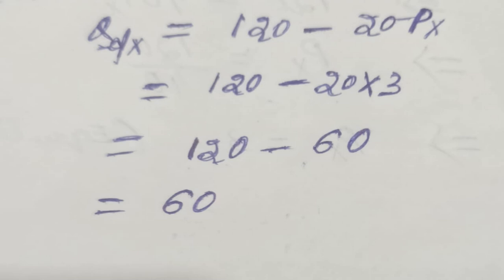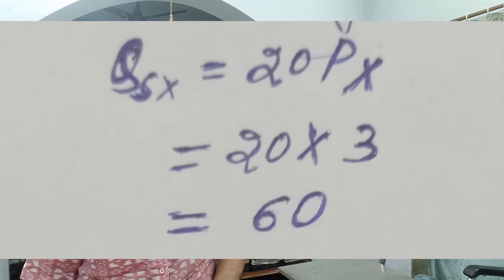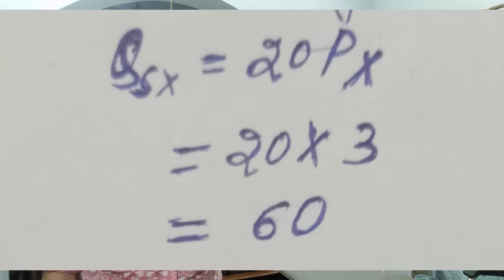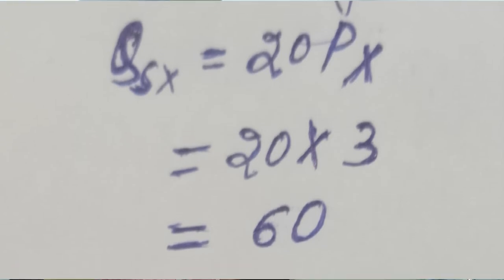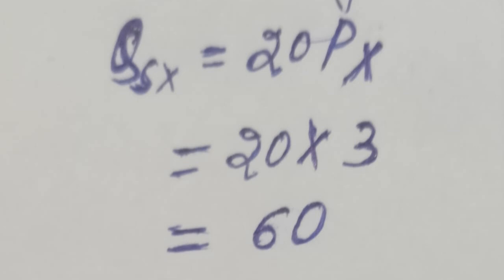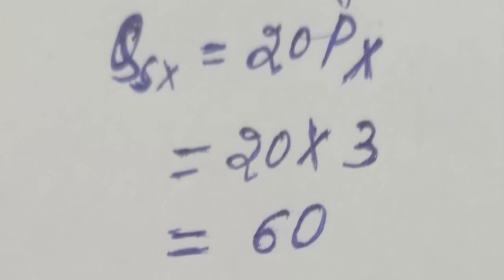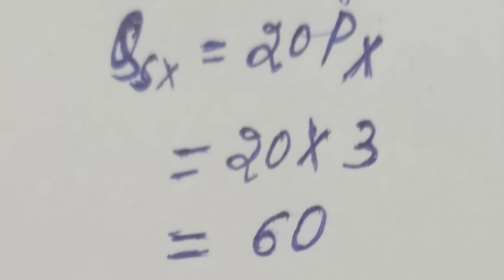Let's see what the equilibrium quantity supplied is. We had assumed that to be 20Px. We now know the value of Px, that is 3. So 20 multiplied by 3 comes to 60. So quantity demanded is equal to quantity supplied on both sides, that is 60.